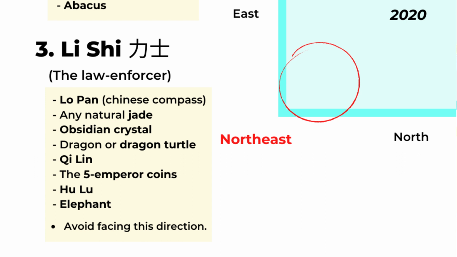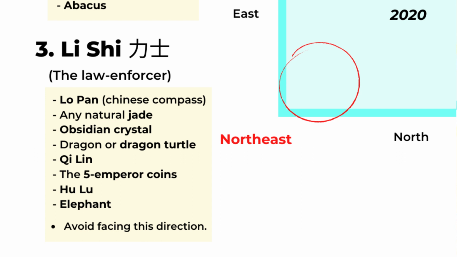And for crystals, the black obsidian is the powerful one in countering any negative energy. Or you can display Feng Shui animals such as a qilin, dragon, or dragon turtle. Or you can display elephant because elephant is big and strong. It's a symbol of good luck and strength.